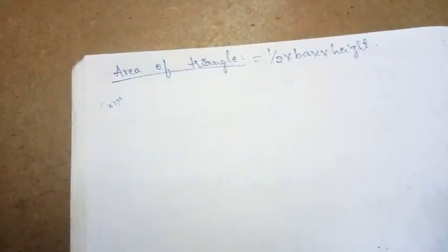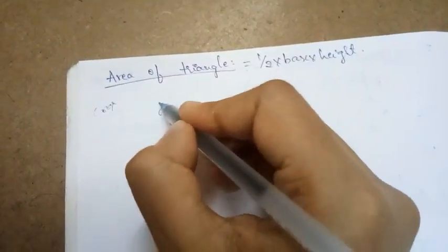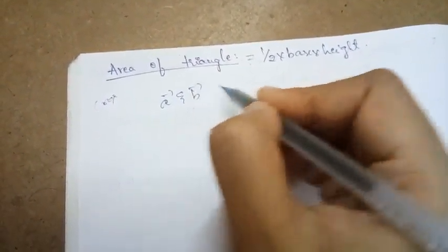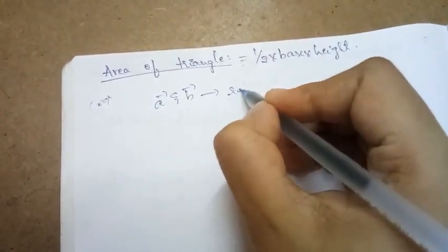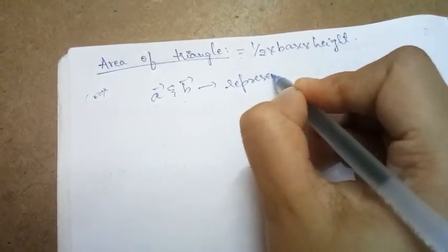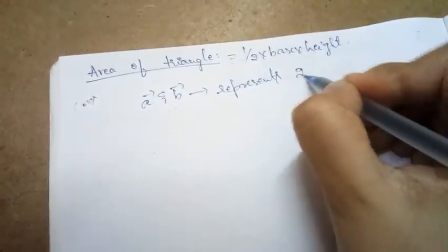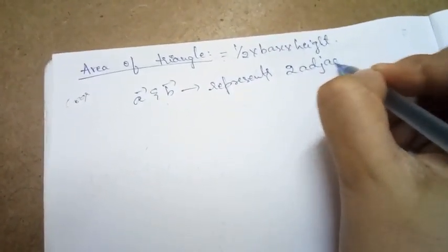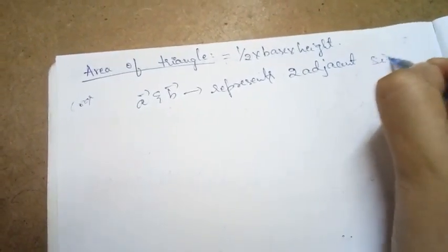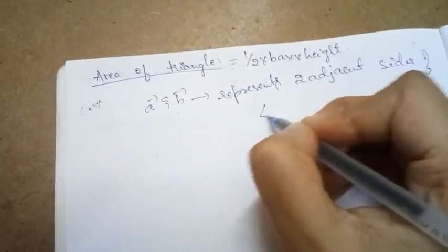Let us observe here. Suppose vector A and vector B represent two adjacent sides of a triangle.